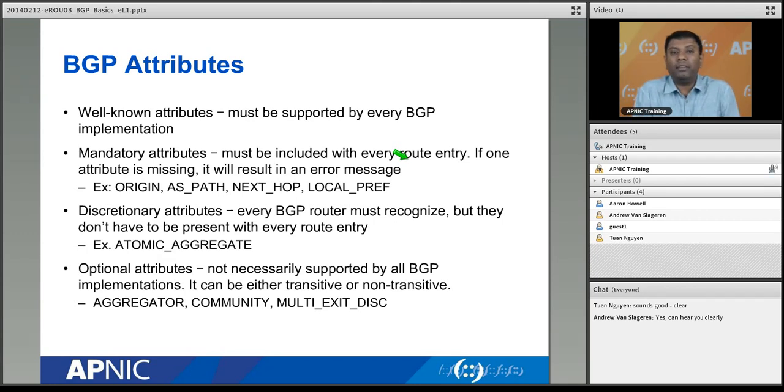Non-transitive attribute means if you don't use it, you just discard it. You don't need to send it to the next AS. For example, aggregator, community, MED, those are optional attributes. Community is a transitive attribute. MED is a non-transitive attribute. Aggregator is also a transitive attribute.